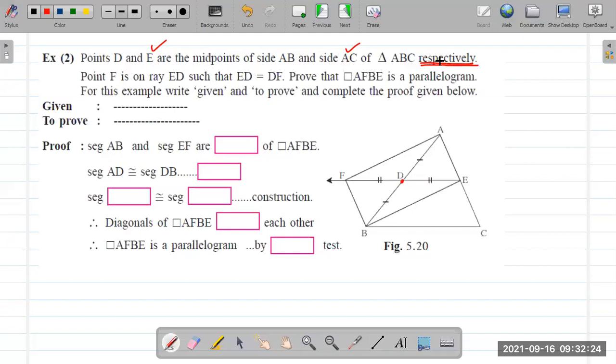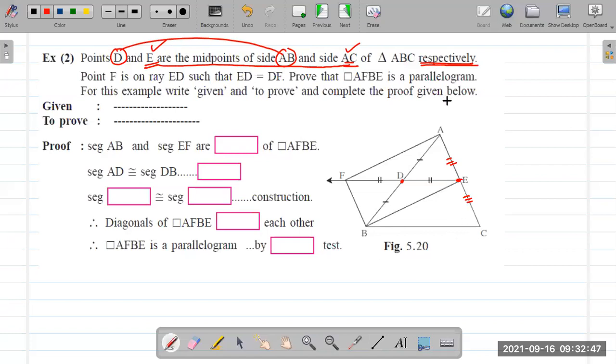When the word respectively is used, the first one corresponds to the first one and the second one corresponds to the second one. So D is the midpoint of AB and E is the midpoint of AC. Therefore, we can say that AE is equal to EC.